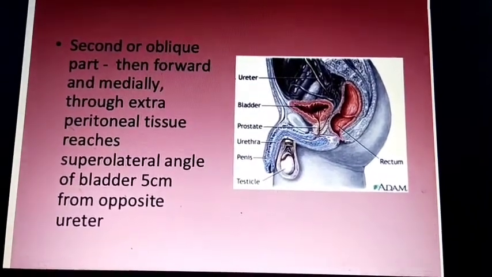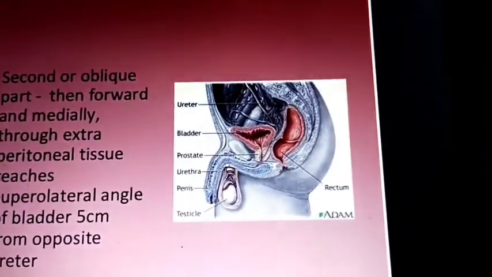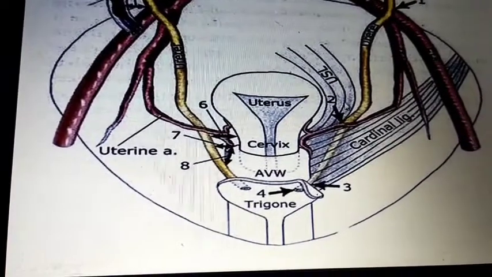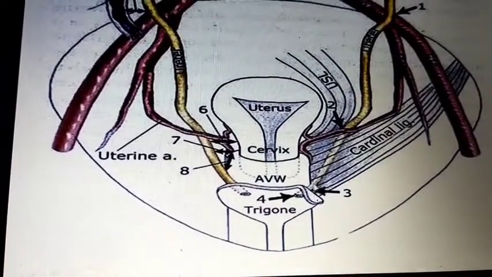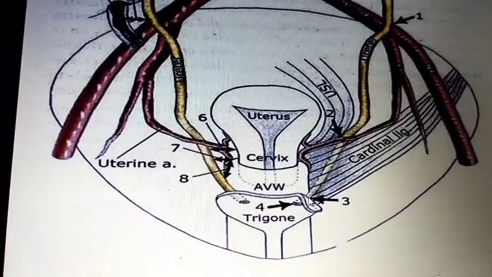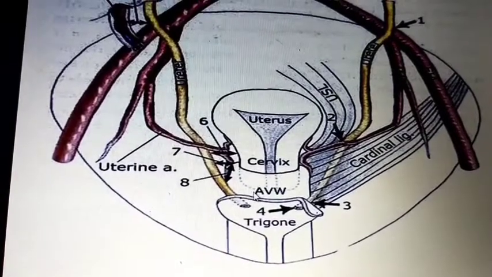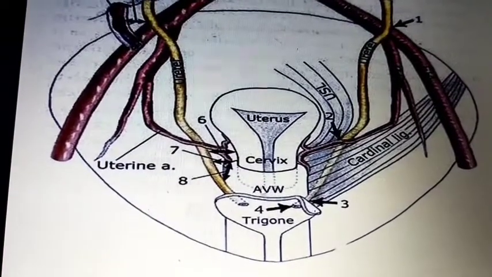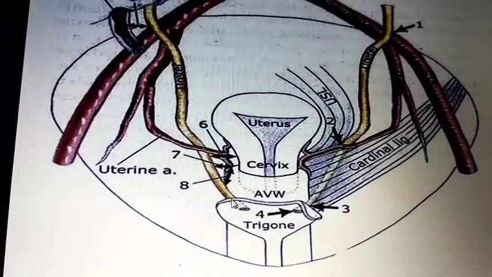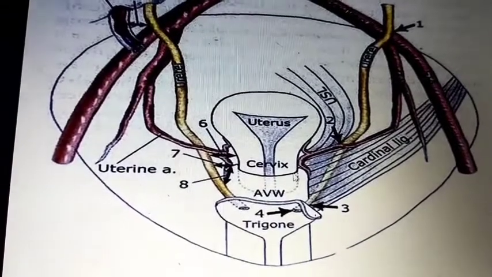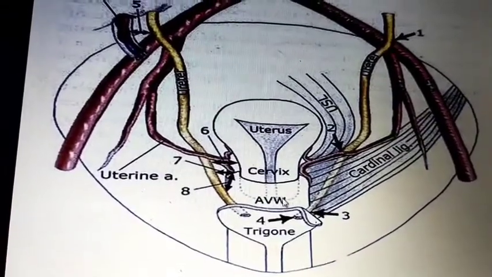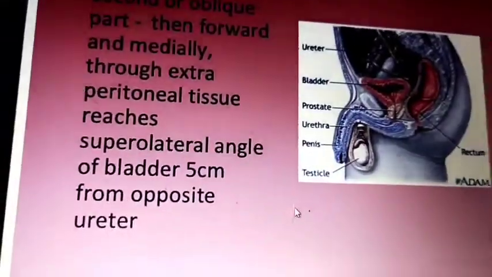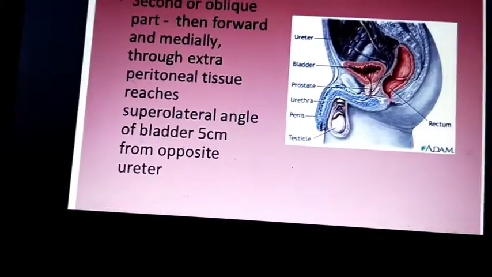You can see here the superior lateral angle, and the distance between the left ureteric opening and the right ureteric opening is 5 cm. These open at the base of the bladder.